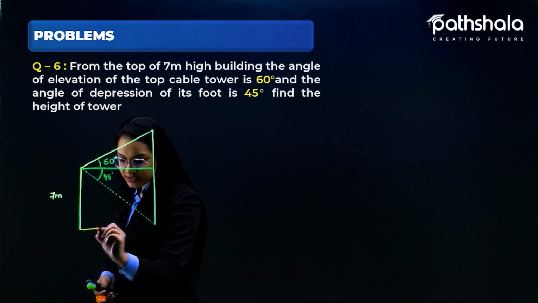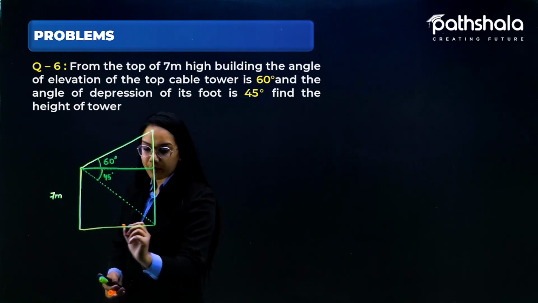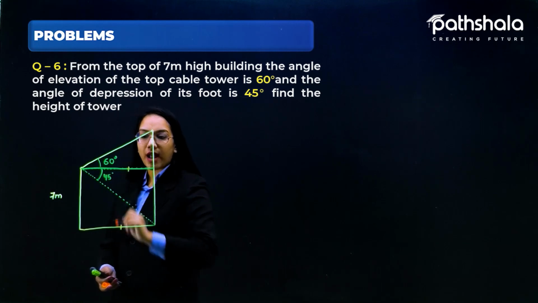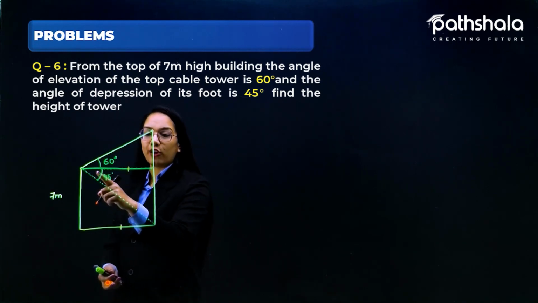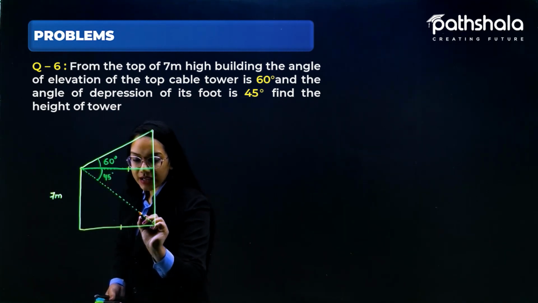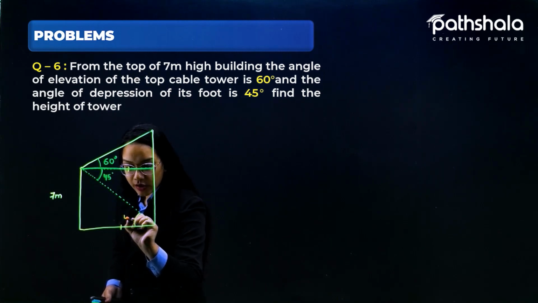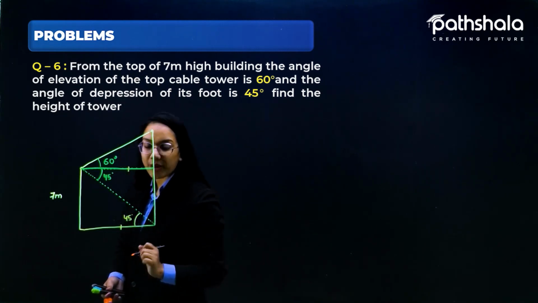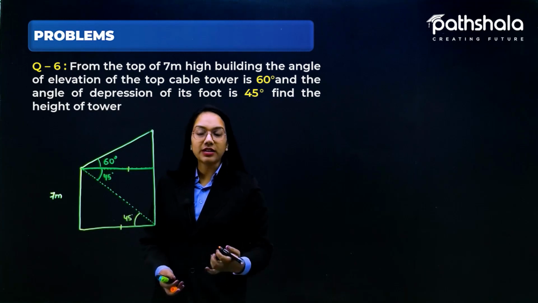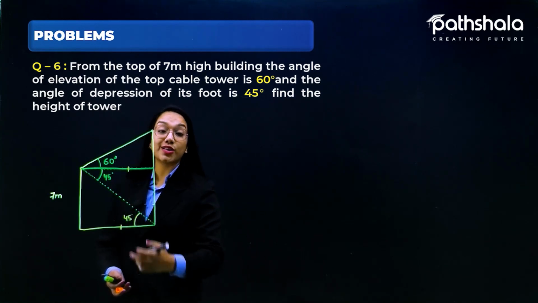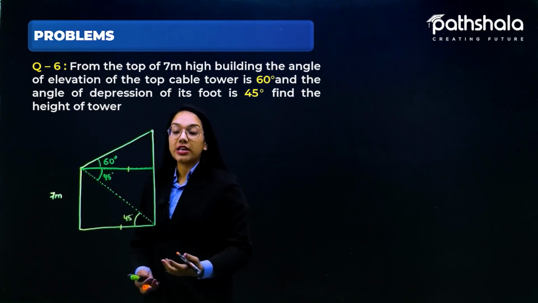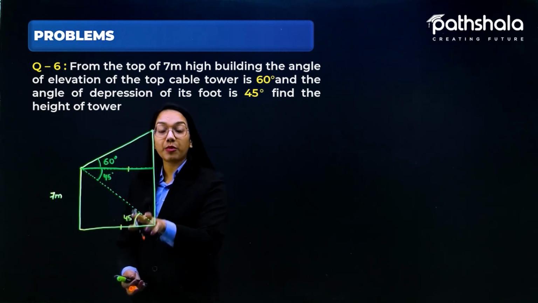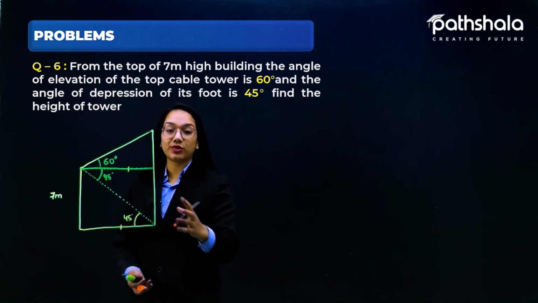Now further we can see over here that these two lines are parallel to each other, and this is an angle of 45 degrees, so this angle is also 45 degrees. Why? Because they are forming alternate angles. Using this concept, we can calculate the various values.